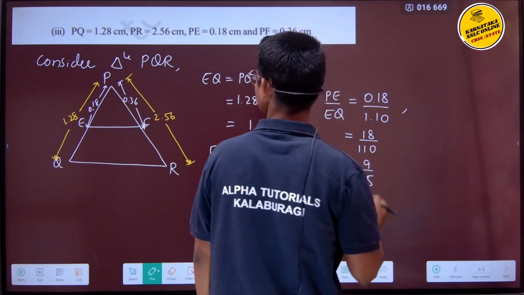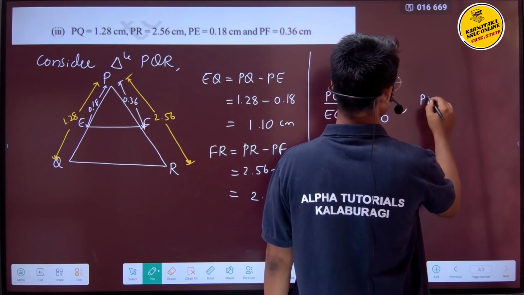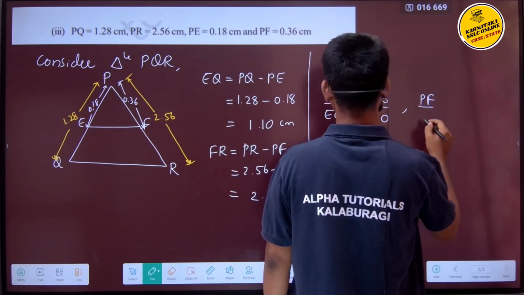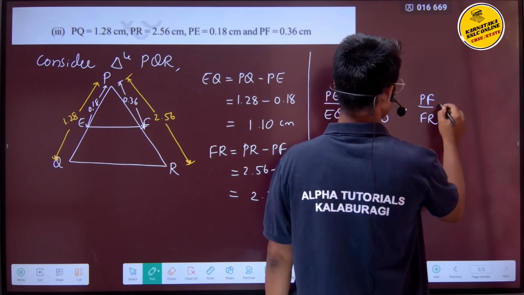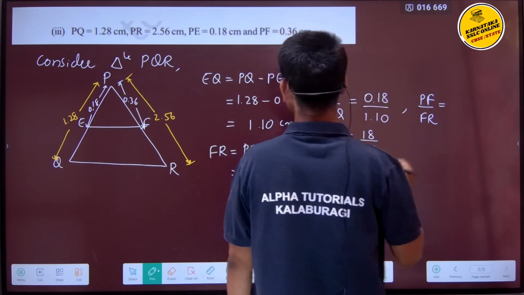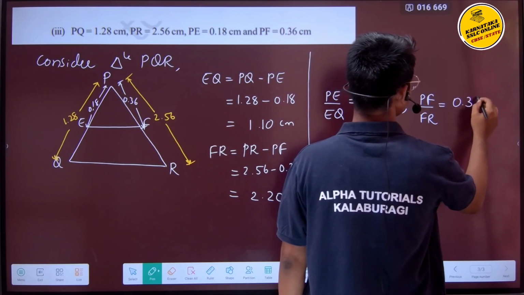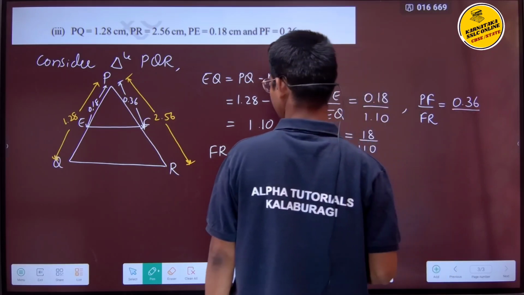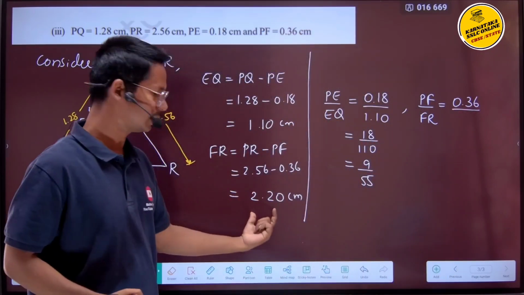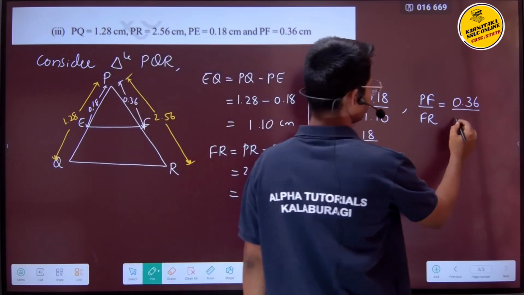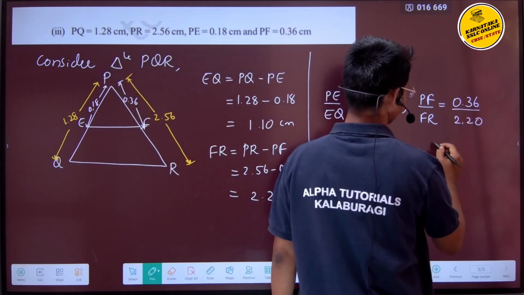I'll take the other ratio as PF by FR. What is PF? 0.36. What is FR? FR we have got as 2.20.